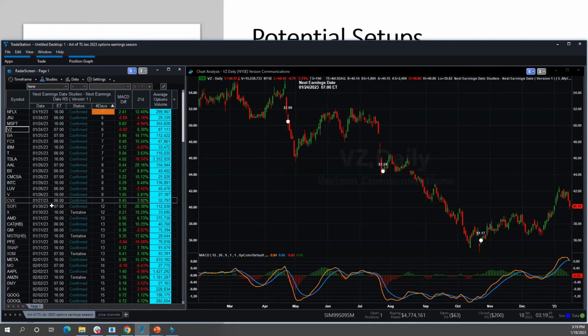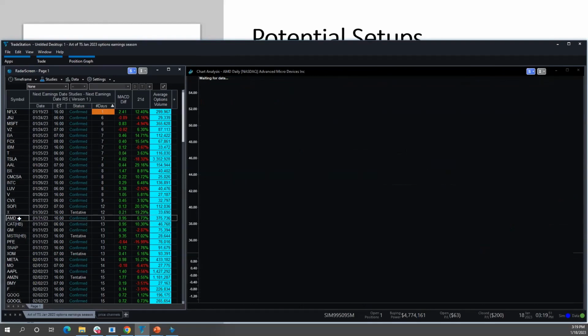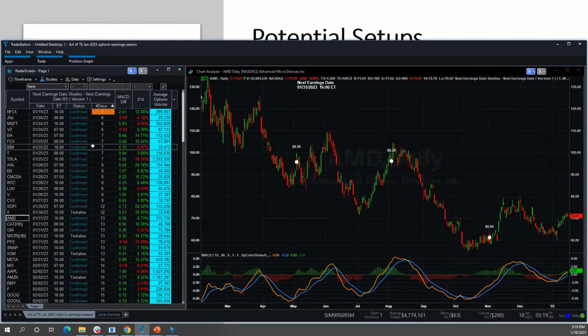Here's a company that reports earnings in 13 days, and MACD is rising. So the approach would be, as you're 2 to 3 days away, or right before, you can see the stuff that's going to be reporting soon, and then you can see the direction.